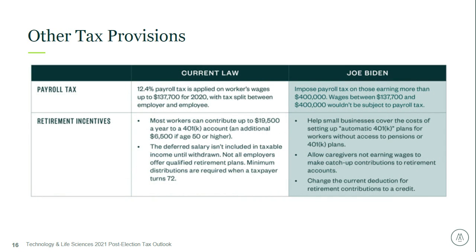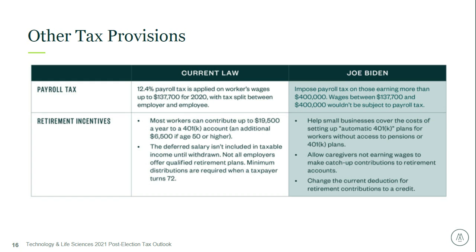Other tax provision items that are important here: payroll taxes, very important. Currently, employer and employee split Social Security taxes, and that's paid in combination at 12.4% up to a certain income level. And that currently for 2020 is $137,700. But after it reaches that level, there's no obligation for Social Security tax. Joe Biden looks to change that.